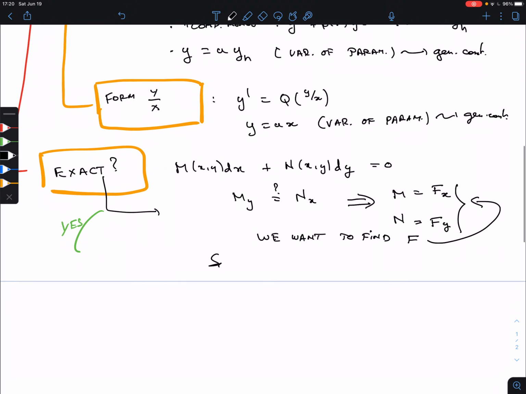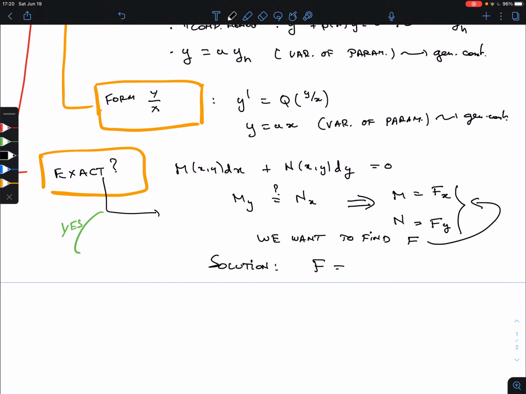And this is something you have to keep in mind: the solution is not f, the solution is f equals c, because f is just an expression in x and y.